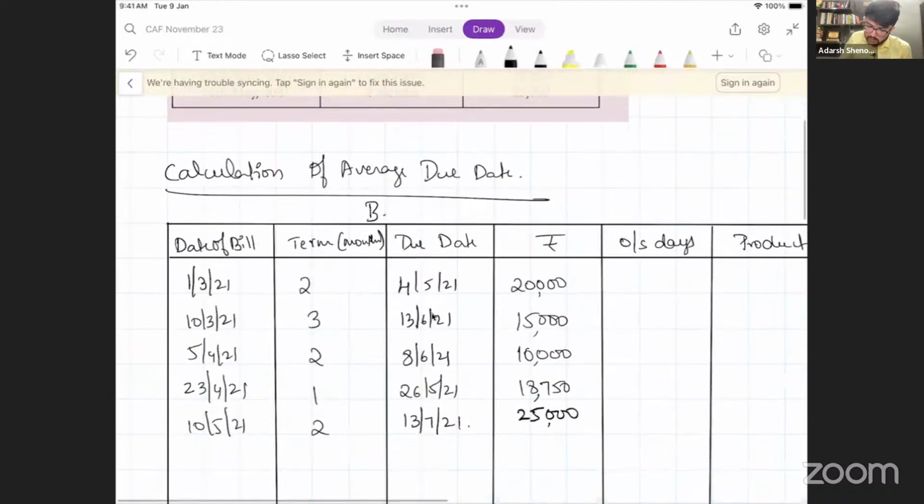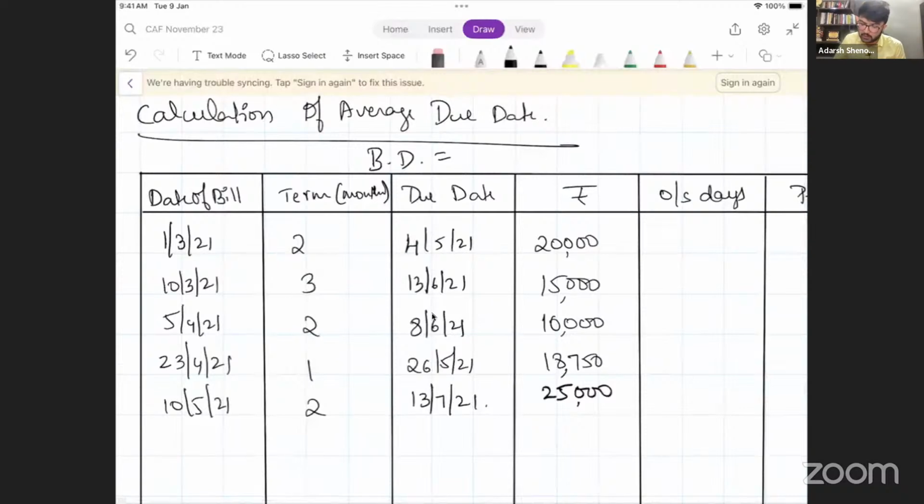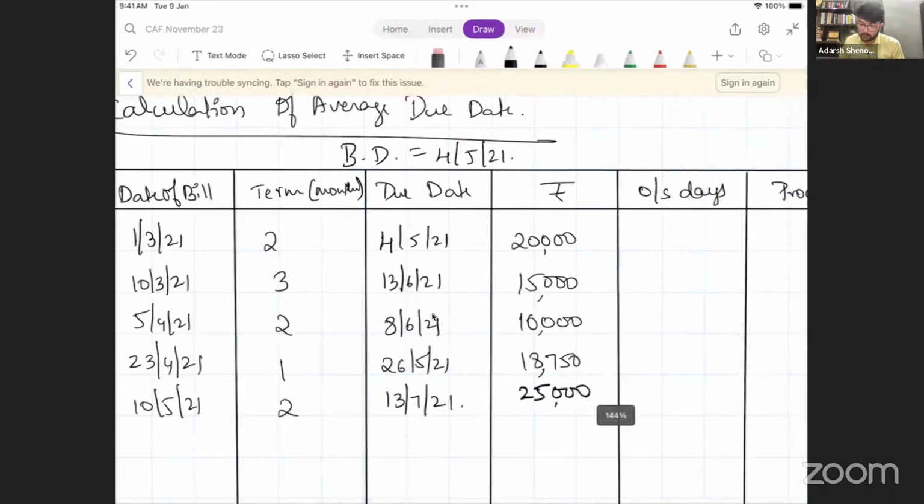So now we have to select the base date. Base date will be the earliest date among these dates. So I see 4-5 is the earliest date. There are 8-6, 26-5. No, 4-5 will be taken as the base date. Write it clearly at the top of the table when you're solving the problem in the exams. Base date is 4-5-21.